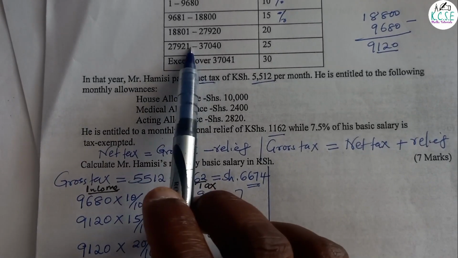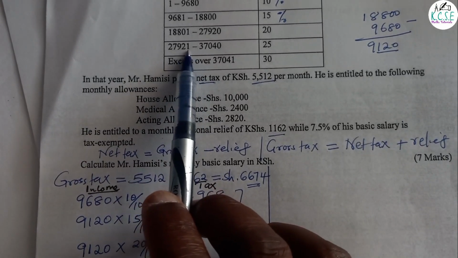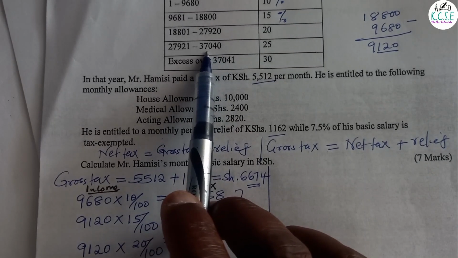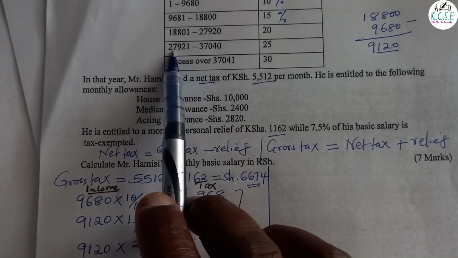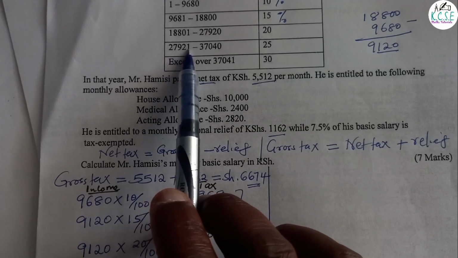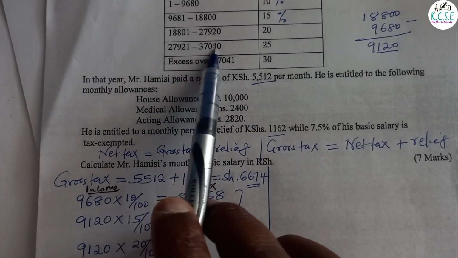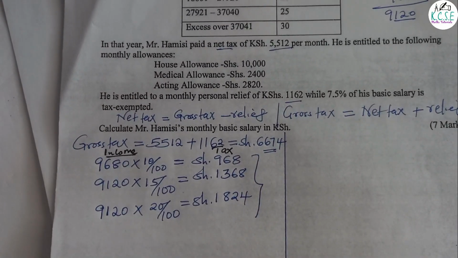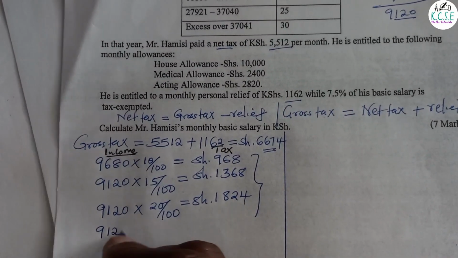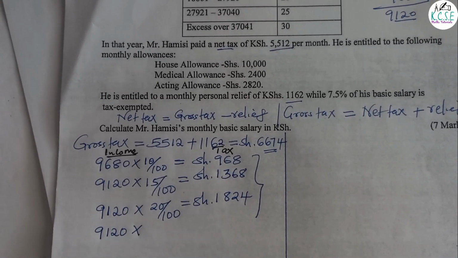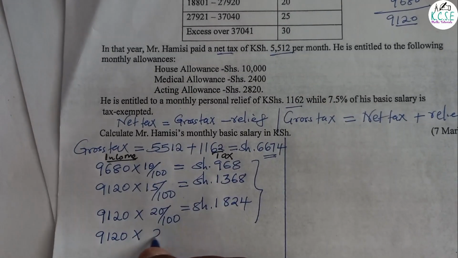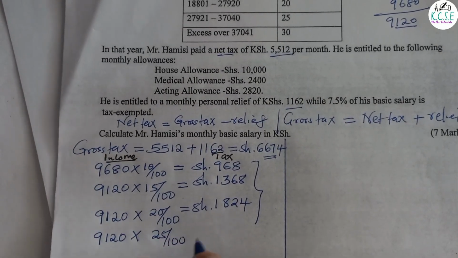The next slab is from 27,921 to 37,040. So the size will be given by 37,040 subtract 27,920, not 921. The size will still be the same. It will still be 9120. So this will be 9120 multiplied by the taxation of 25%.